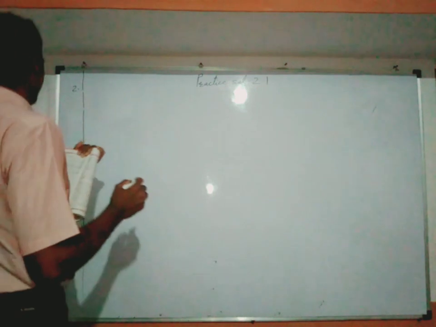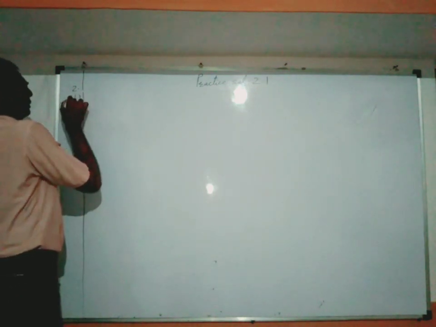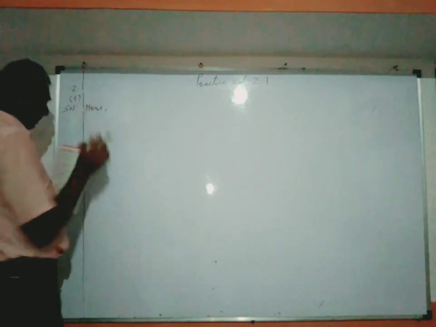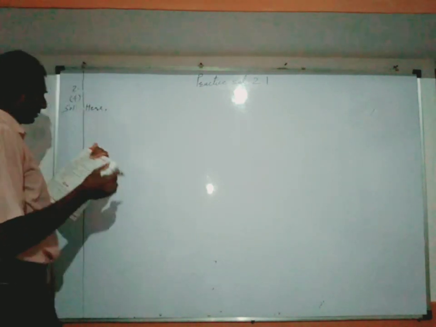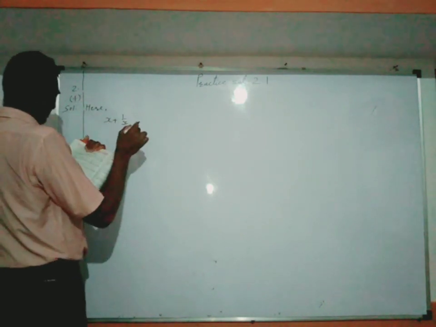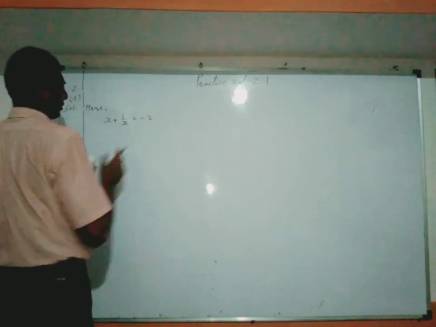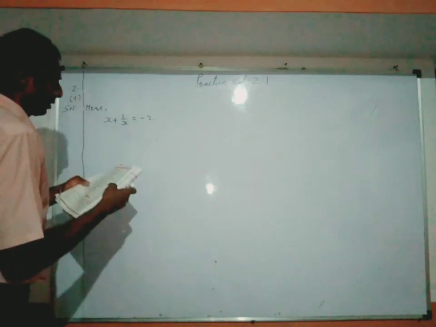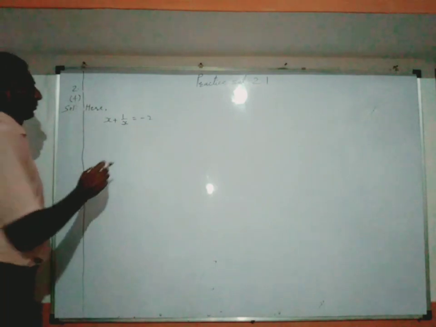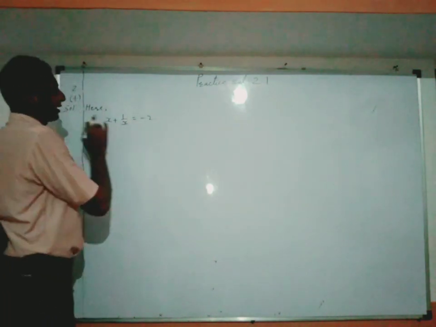Question second, sub question fourth. Solution. Here the given equation is x plus 1 upon x equal to minus 2. First of all, let's convert it into linear form. Let's multiply LHS and RHS by x.